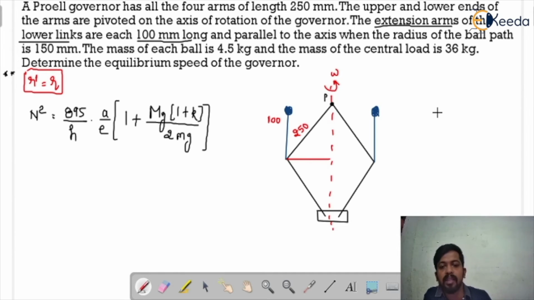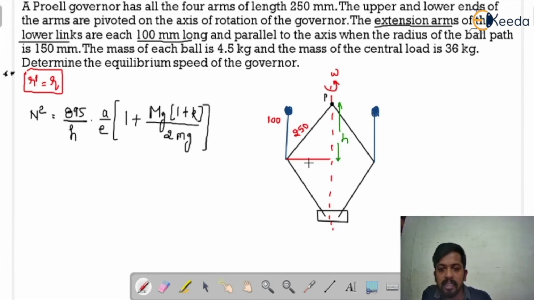We all know that the r dash value can be greater than or equal to r. So when we have seen in the derivation of the Proell Governor that when r dash is equal to r, we get this relation. Here h is the height of the governor, measured from the pivot point from here to here.